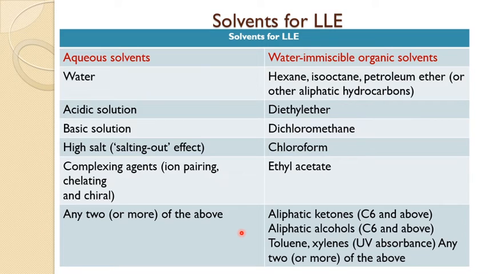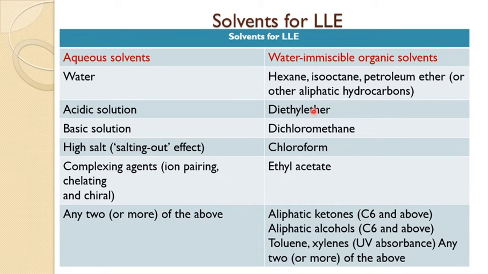For example, here the 2 phases are given, the aqueous solvents and the organic solvents. If your compound of interest is present in an aqueous sample such as water, in which you have to analyze any organic compound, then you use solvents such as hexane or petroleum ether. If your aqueous solvent is an acidic solution, then you use diethyl ether.